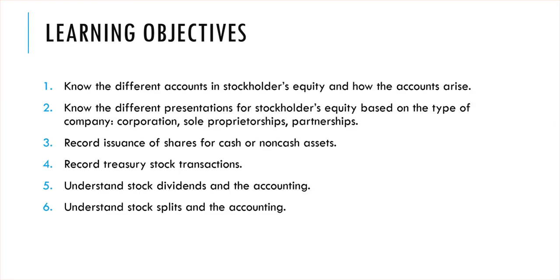So our learning objectives for this chapter: the different accounts in stockholders' equity and how those accounts arise. And if you looked at the preceding discussion, which was in the module, you know we really have 2 classifications. We have contributed capital and we have earned capital. The contributed capital is really a gift, because people are investing in us and we are getting the funds coming in.